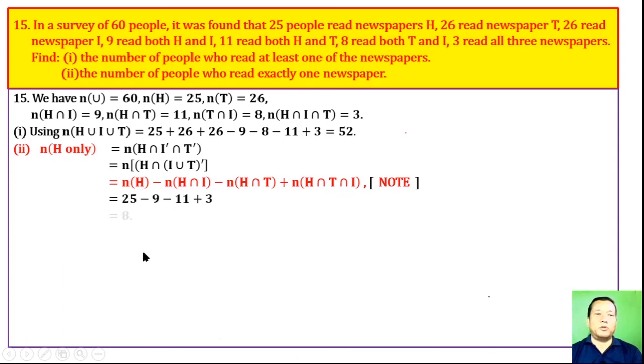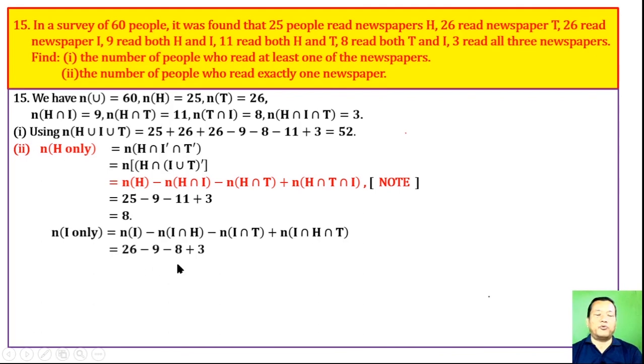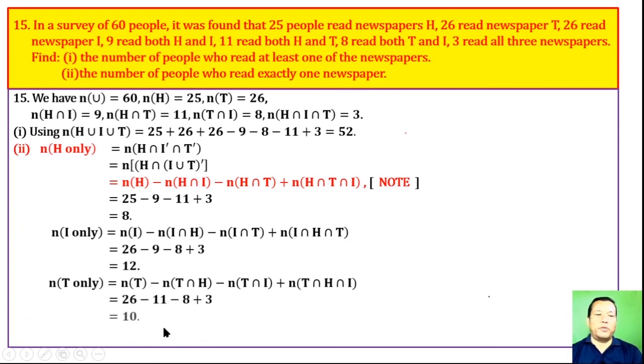Putting in the respective values, we get the result. Similarly, n(I only) using the above formula, we get 12. Next, n(T only) using the same formula and solving, we get 10. Therefore, the number of people who read exactly one newspaper is 8 plus 12 plus 10, whose value is 30.